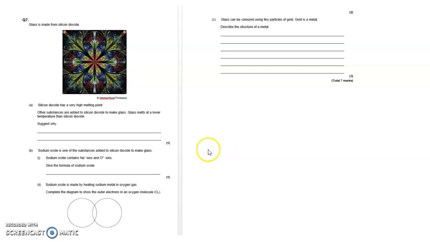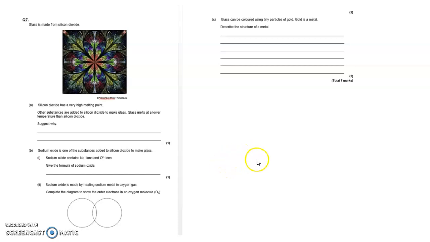The question is asking you why glass has a lower melting point than the silicon dioxide, and so it must be something to do with the bonds in the glass compared to the bonds in the silicon dioxide. Make a suggestion. What is it about the bonding in glass holding the atoms together that is different to silicon dioxide that makes its melting point lower?